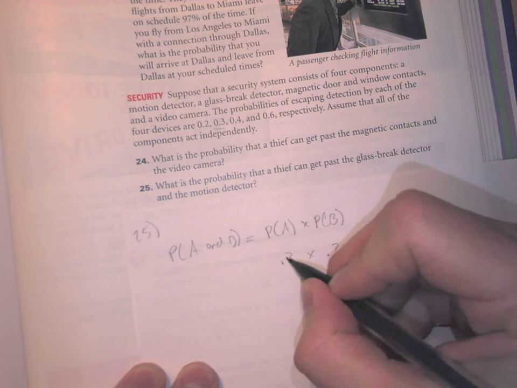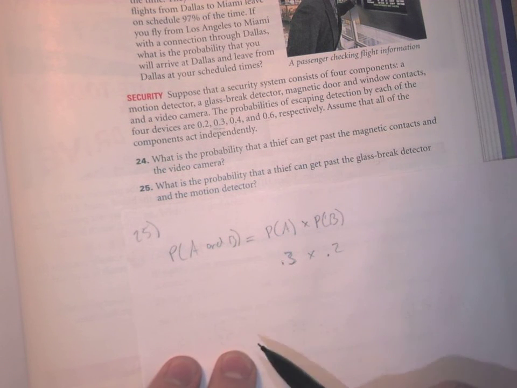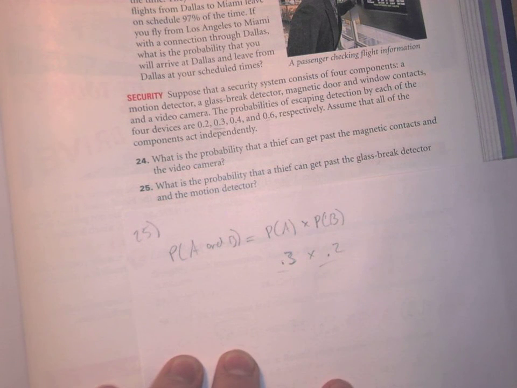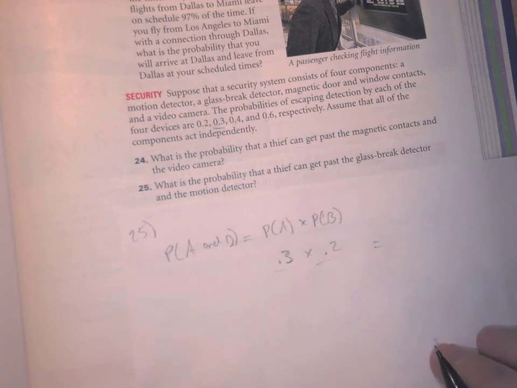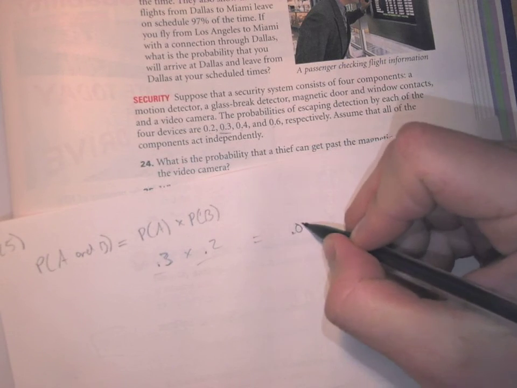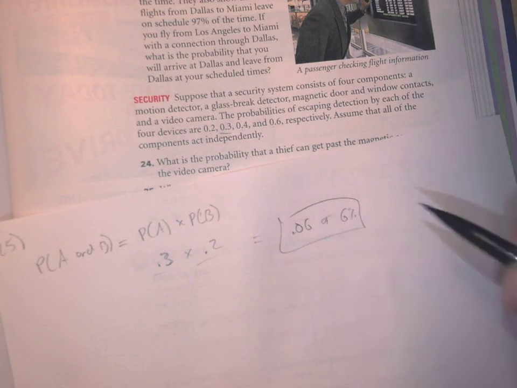So all we have to do is multiply the independent probabilities. The probability of the thief getting past both of those is just each one separately multiplied. And this is going to give you, I think it's 0.06. Let me double check. Yeah, or a 6% chance of that happening.